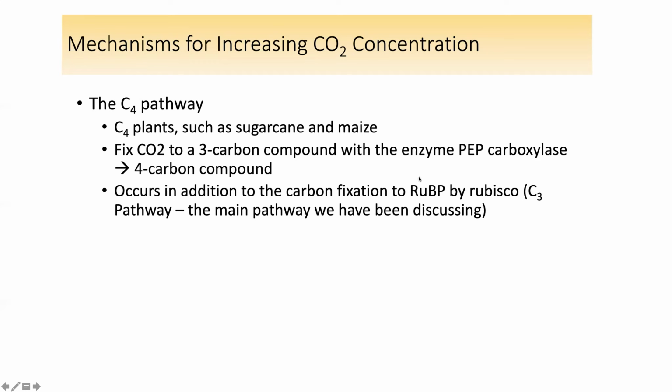All right, and so as soon as that carbon enters into the cell, it's going to be kind of captured and basically turned into this 4-carbon compound. All right, so this is different to what happens in our C3 pathway, where we are going to attach the carbon dioxide to RuBP first. Okay, so this is an additional step that's taking place. So let's see how this helps the plants kind of avoid photorespiration.